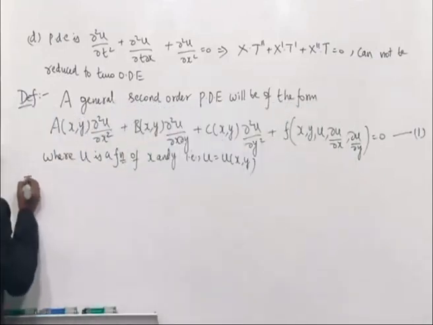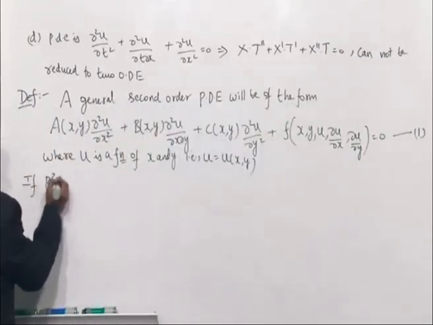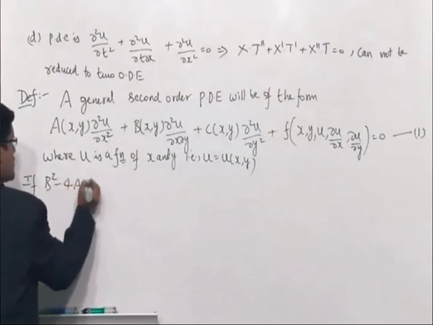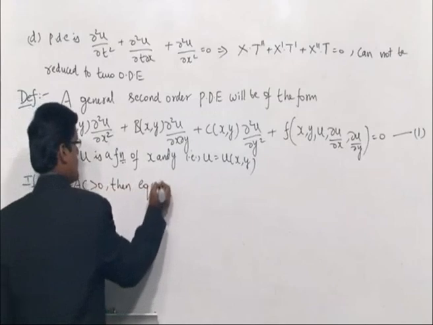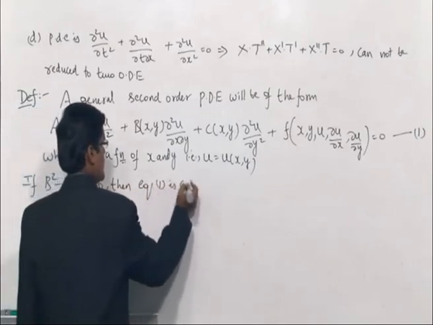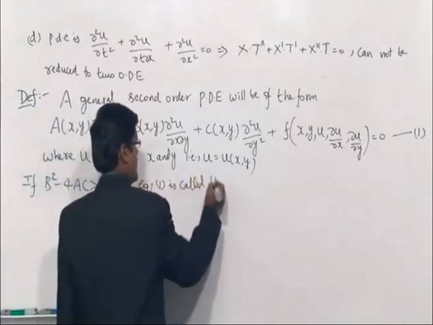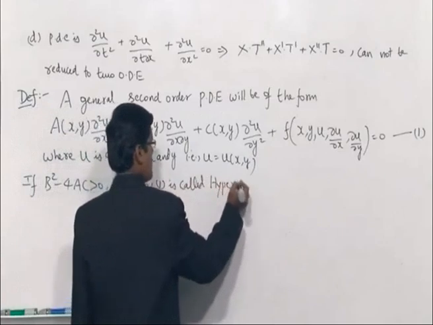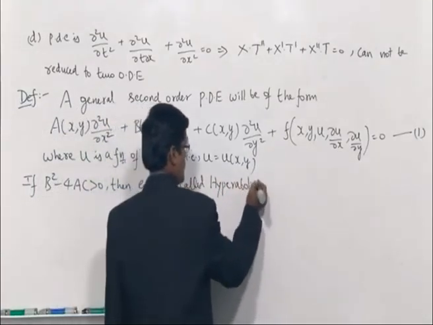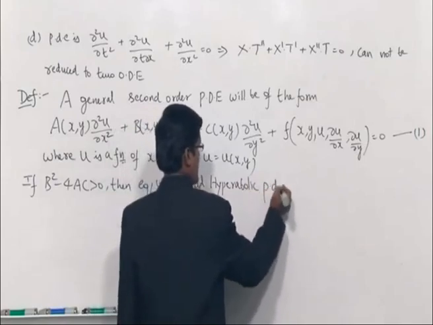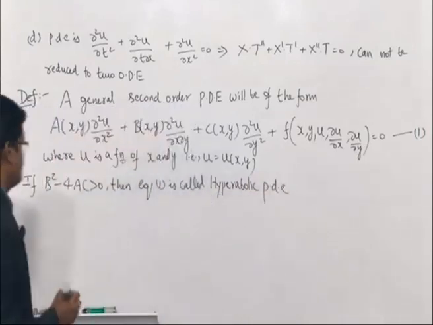If b square minus 4ac is greater than 0, then equation 1 is called hyperbolic PDE.